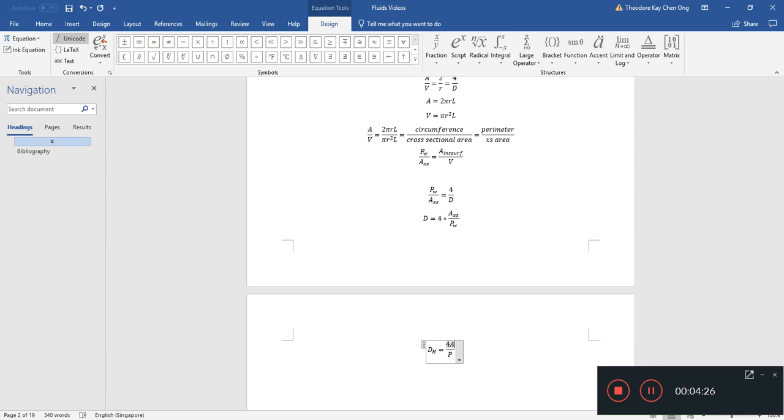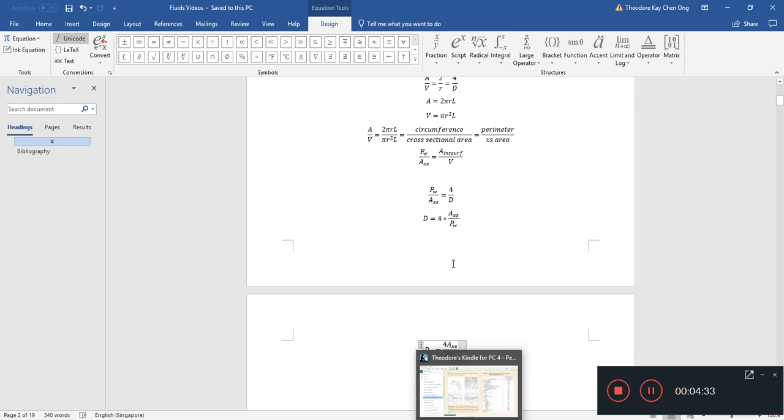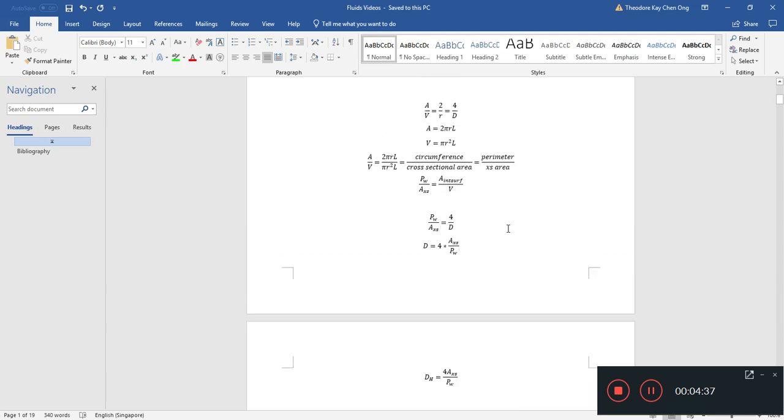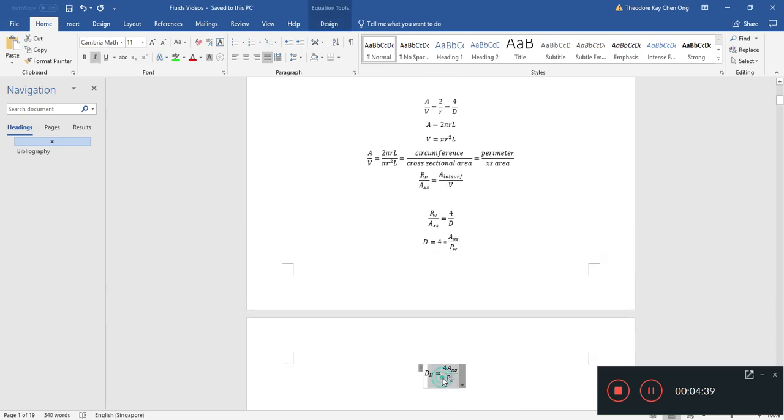So when your fluid mechanics professor gives you this kind of formula, you understand where it comes from. We don't always have pipes in a circular shape, but we can give them an equivalent diameter called the hydraulic mean diameter to give us an idea of what's important.